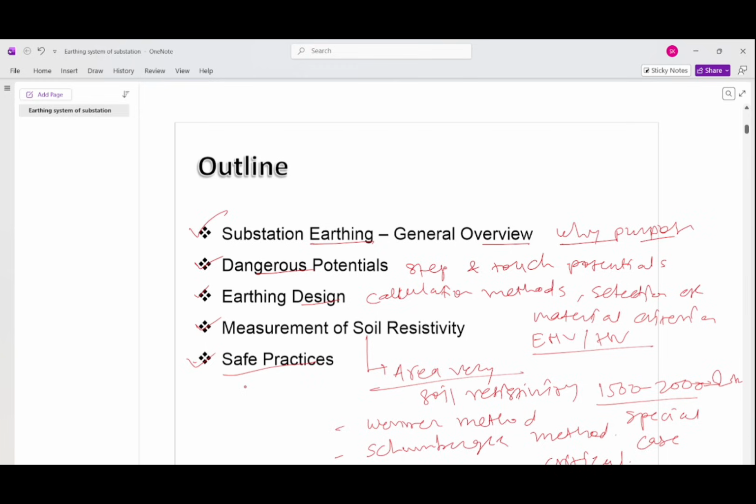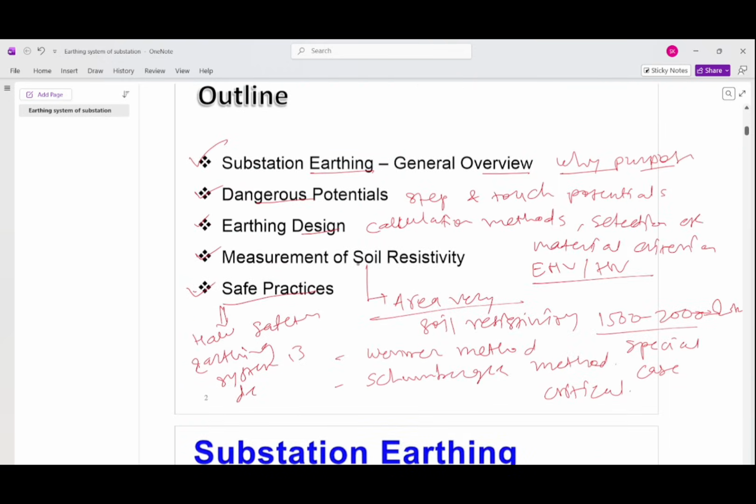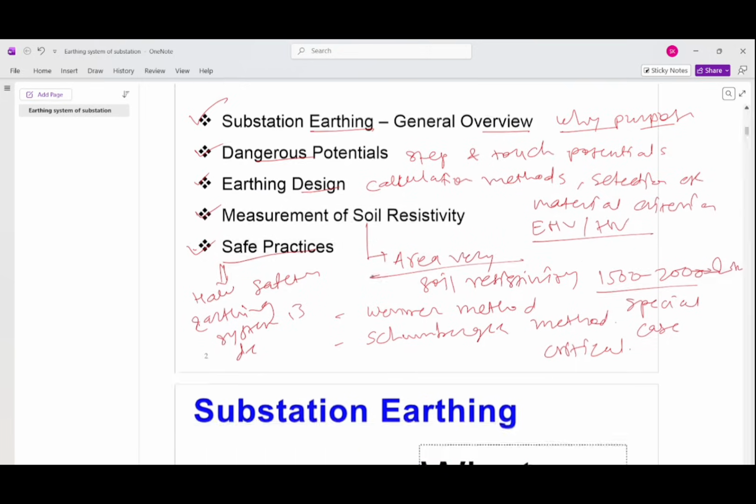Then safe practice, meaning how safely the earthing system is designed for the personnel and equipment. There is costly equipment, and personnel life is also very important. So we have to protect them safely and design the earthing system accordingly.